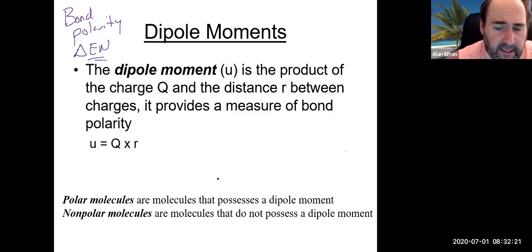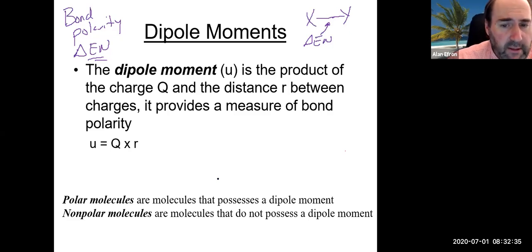Usually when we look at the difference in electronegativity values, we're simply looking at an individual bond between two things like this, and using that difference to determine whether or not that bond is polar, non-polar, or even ionic.